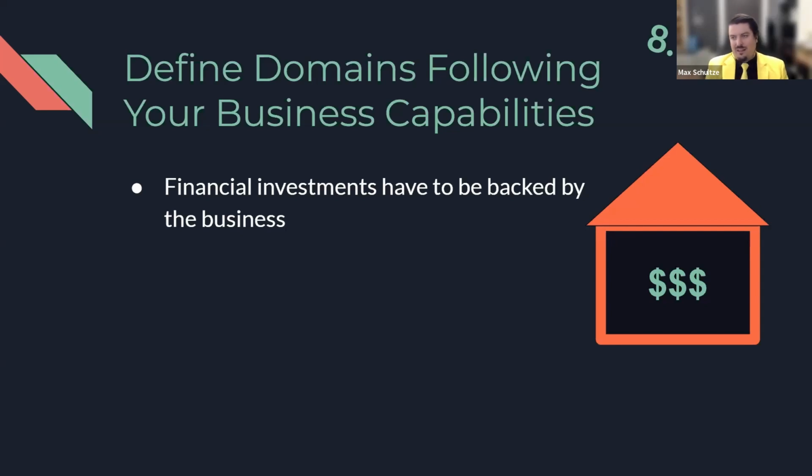Once the economy changes, like it is currently, all of a sudden you might want to take a better look at how you are actually spending your money. And this is when it is so important that your business is actually behind the financial investments that you're making.